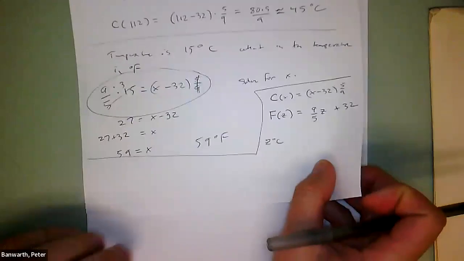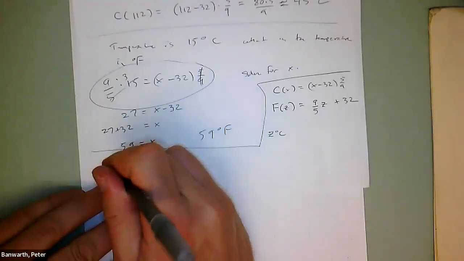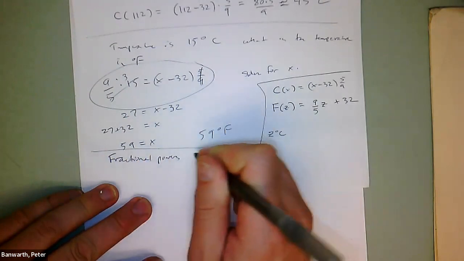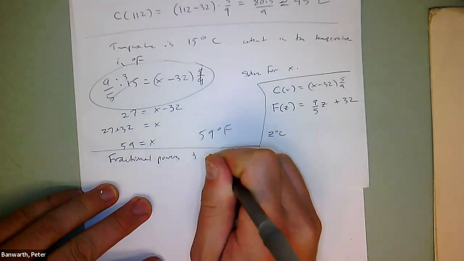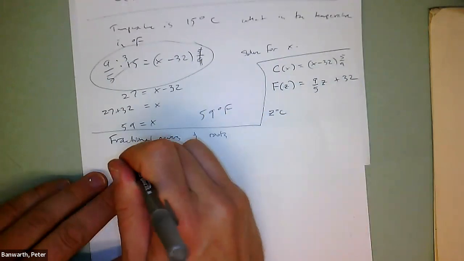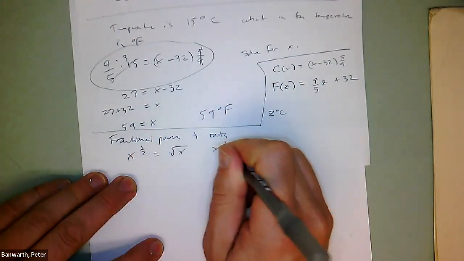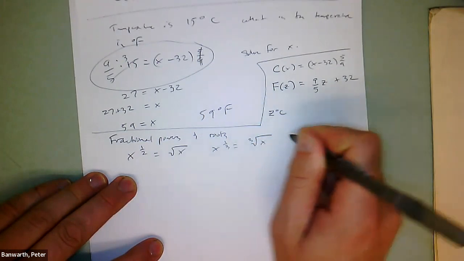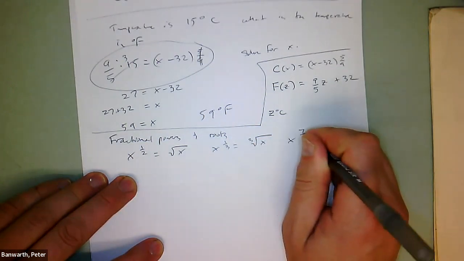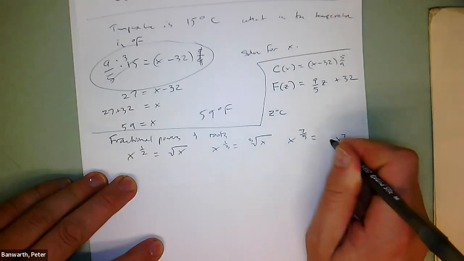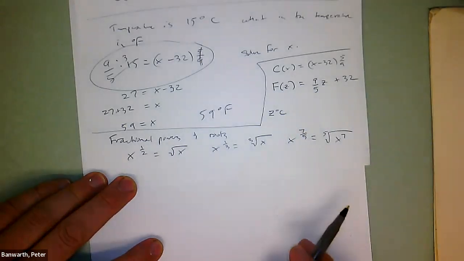Just really briefly, because it's also in the warm-up, fractional powers and roots. So x to the 1/2 is the square root of x. x to the 1/3 is the third root of x. x to the 7/5 is x to the 7th in the 5th root.